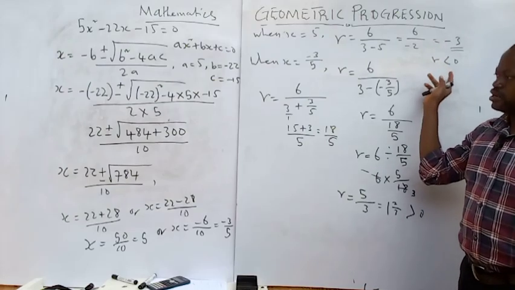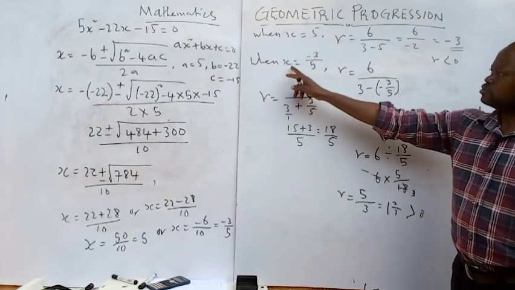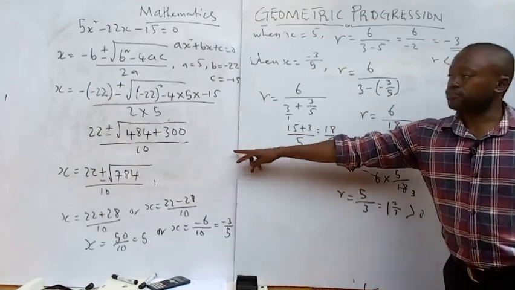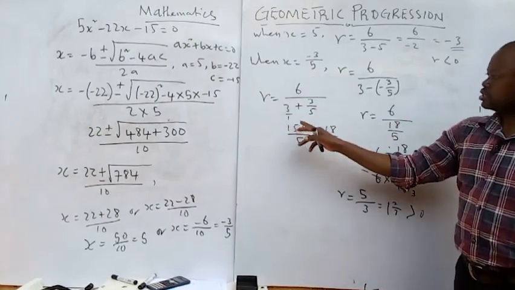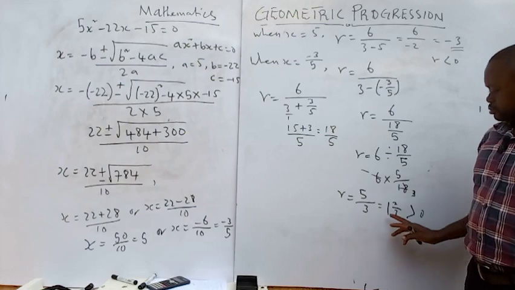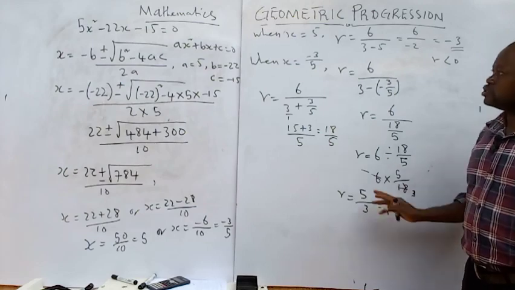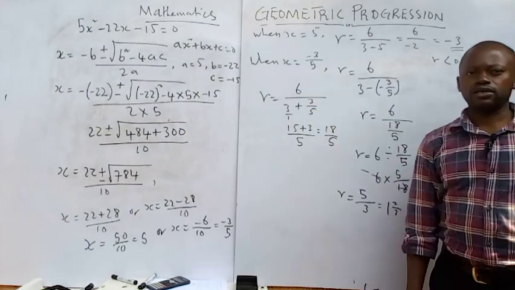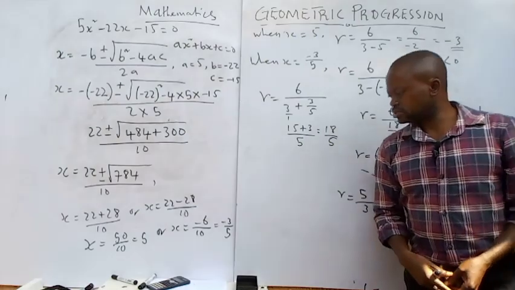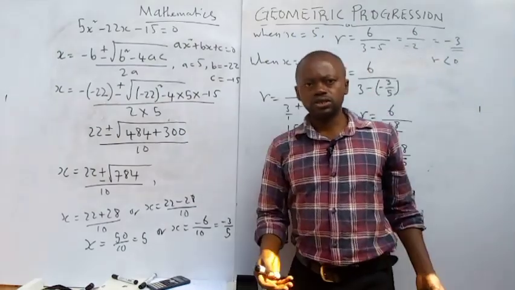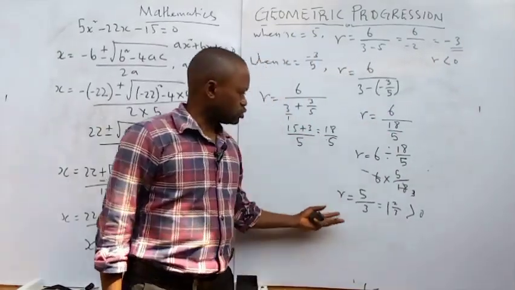So I rejected it, went for the second value of x from that solving, and then I was able to get an r that is greater than 0. So this should be the corresponding value of x there. I am sure that this solving and this explanation is well detailed.